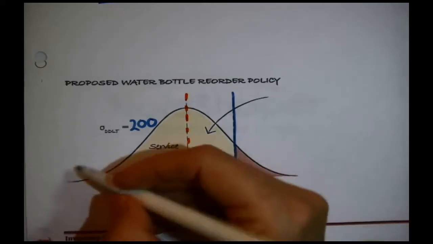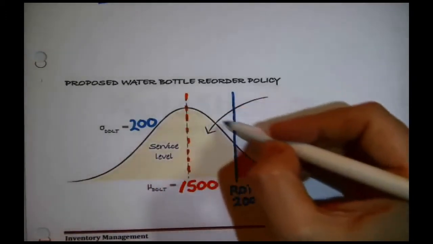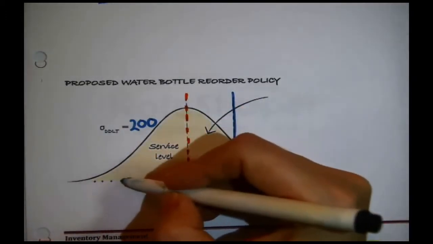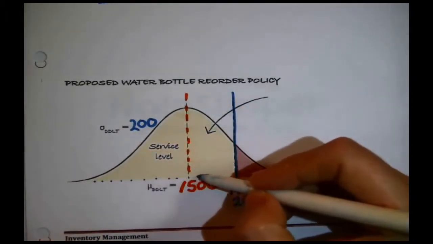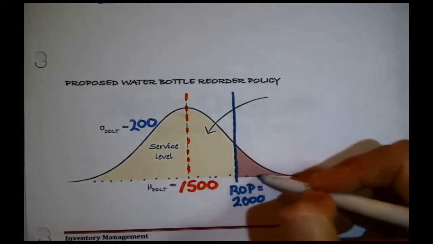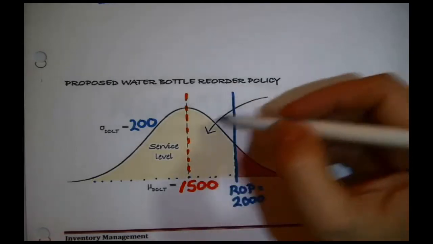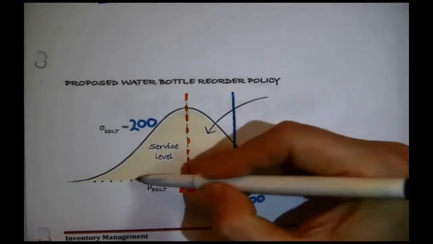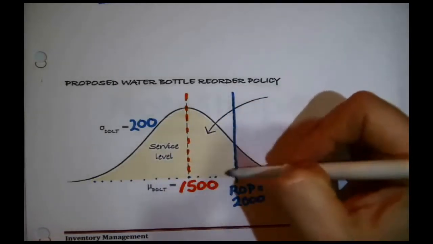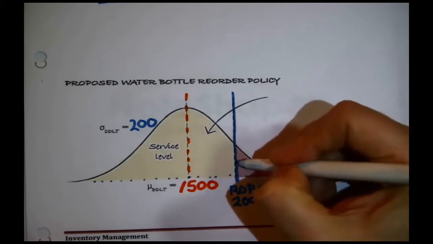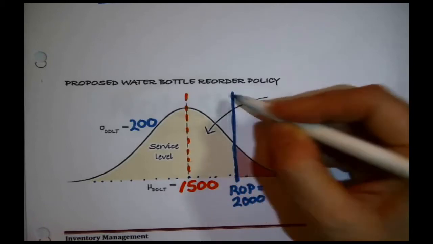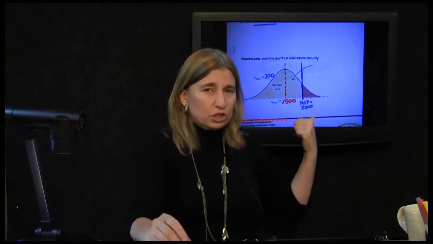This normal distribution represents different levels of demand during lead time that generally average out to 1,500, right, in the center. The height of the curve describes the likelihood of a particular level of demand during lead time. What's being proposed is that you reorder at 2,000. Why is that a good picture of the reorder point?